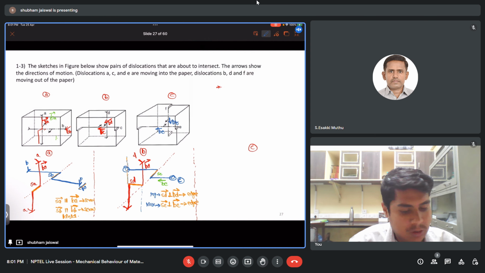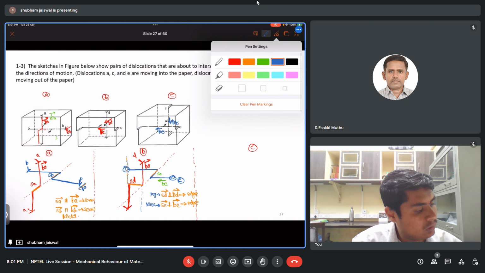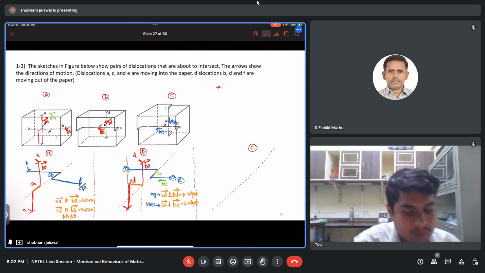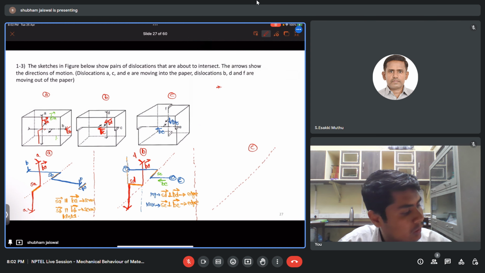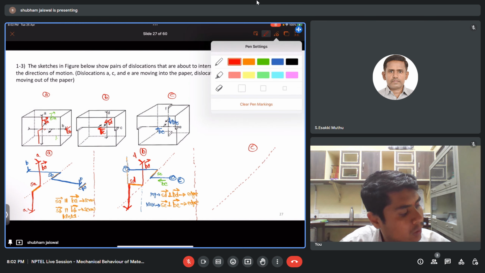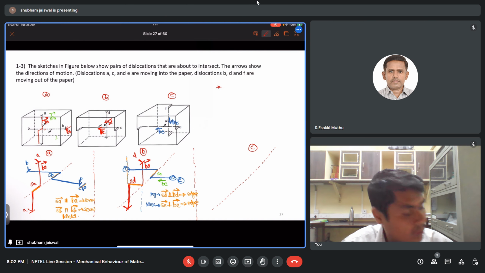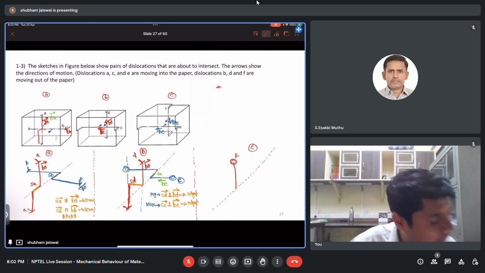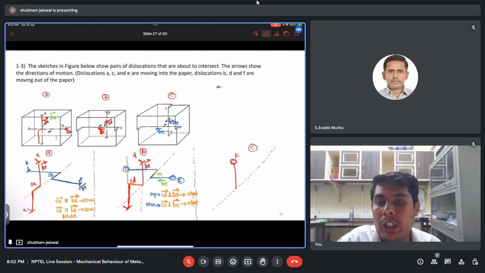Okay. So first we'll draw the plane. Okay. So now let's consider our dislocation F first. Okay. So this is my dislocation F. Now this E dislocation is intersecting with the F dislocation.